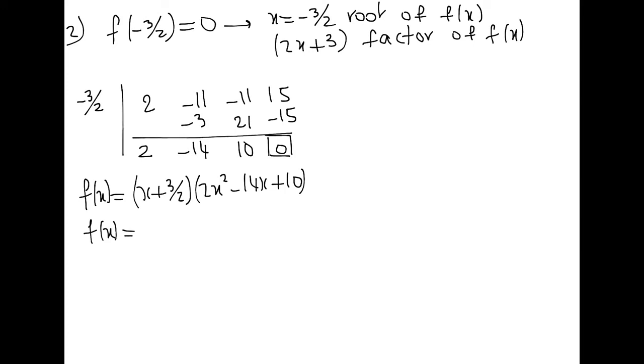So we factor out a 2 from this factor, and then multiply the first factor by that 2. So we would end up with 2x plus 3 into x squared minus 7x plus 5.